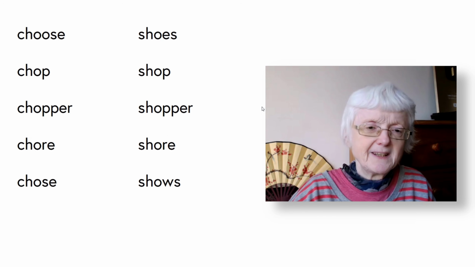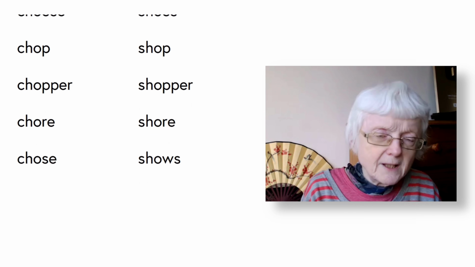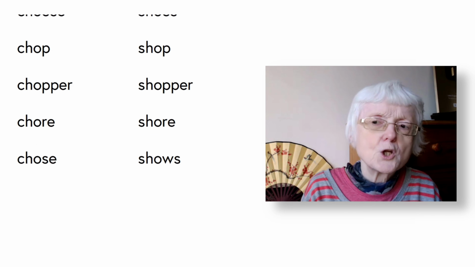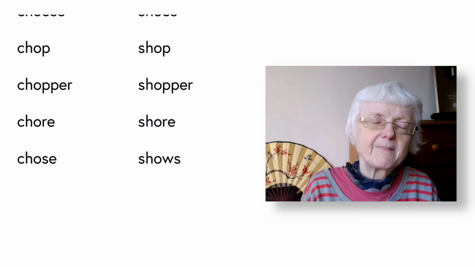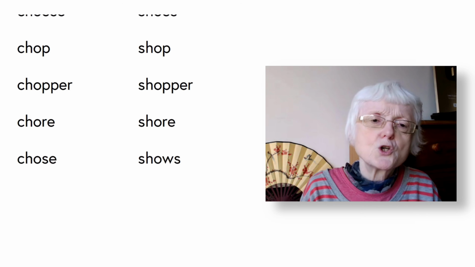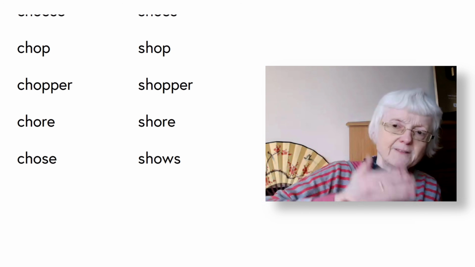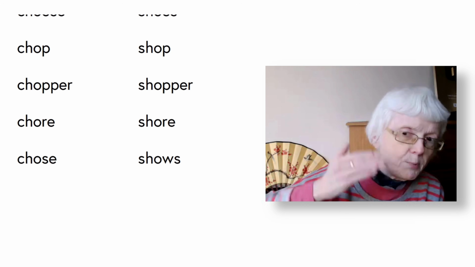Okay, good. Next pair, chopper and shopper. So a chopper could be the tool that you chop with.